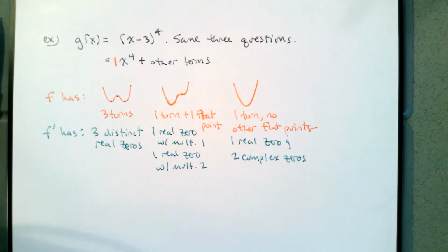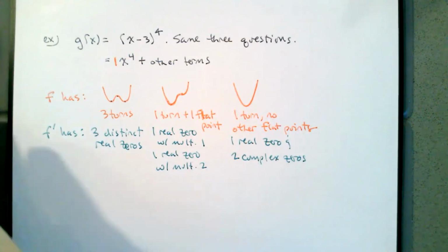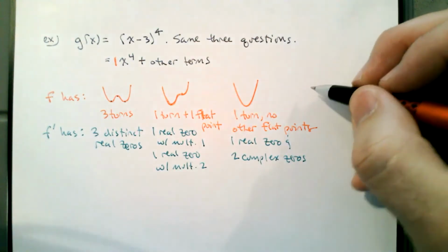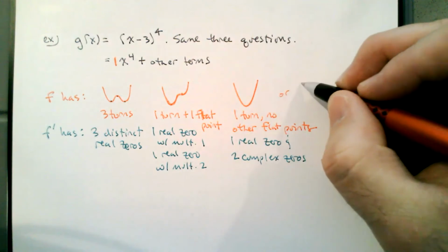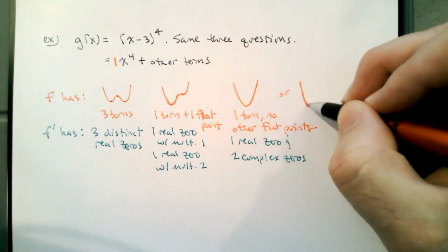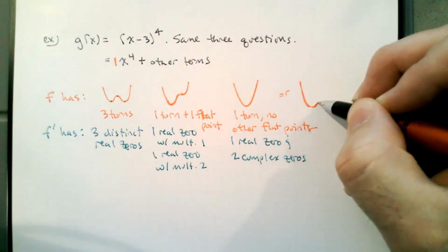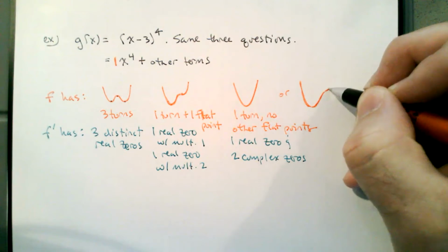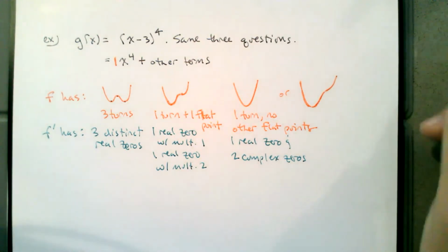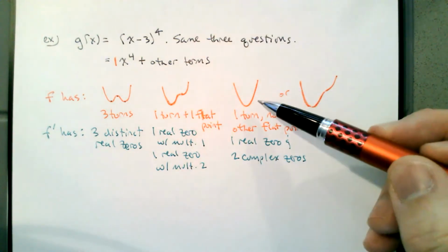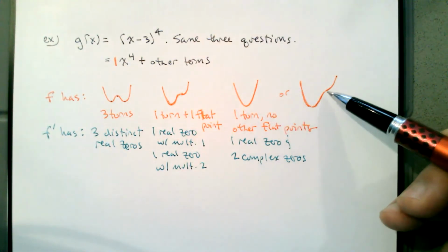There's a few ways that we could have 1 turn and no other flat points. Maybe there's 1 turn and no inflection points. It could be, though, that we make 1 turn, here's a turn, and we actually change concavity later. It might be 1 turn and no inflection points, or 1 turn with an inflection point.